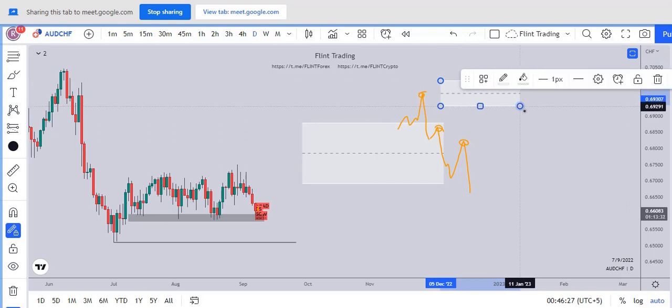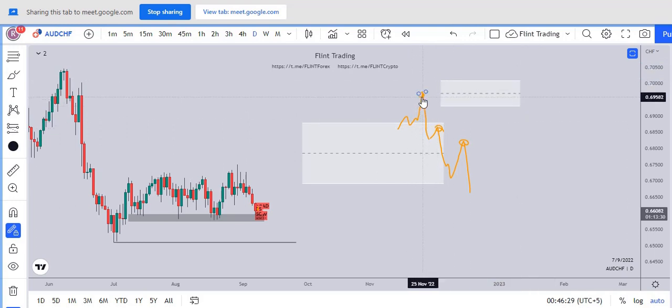So for example, if this is the region, and price is right there, and just for the sake of example this is a 4 hour time frame, on 4 hour time frame we are observing a distribution schematic. So we jump down to maybe 15 minute, 5 minute, and we wait for another fractal distribution.